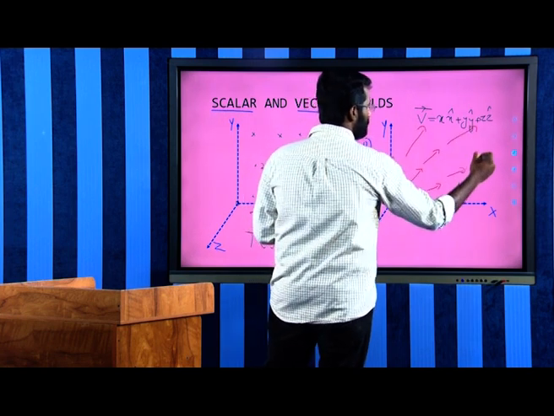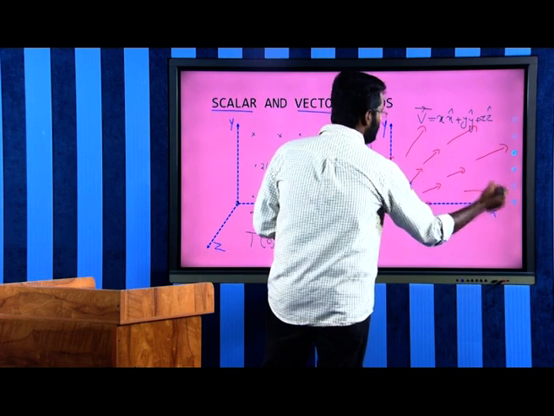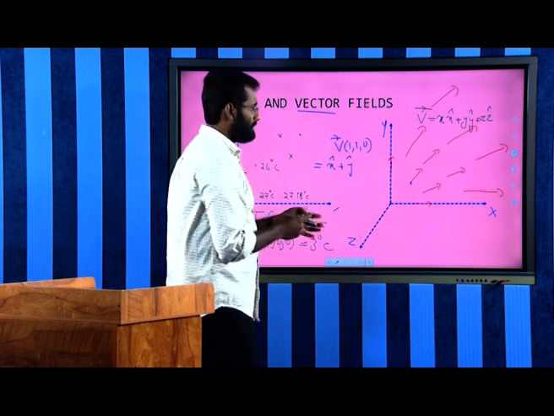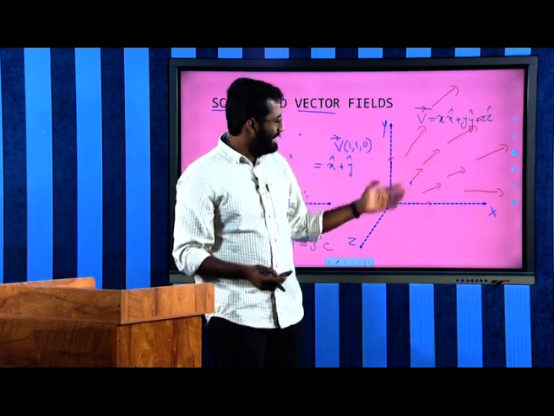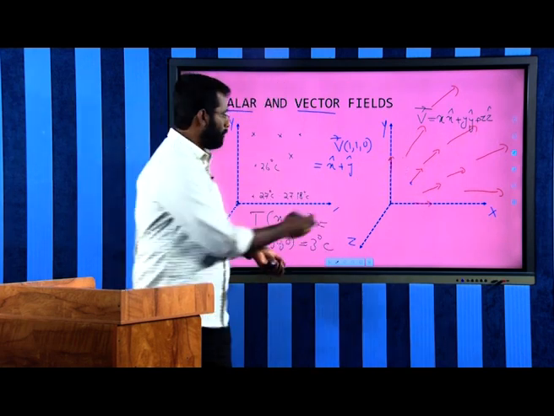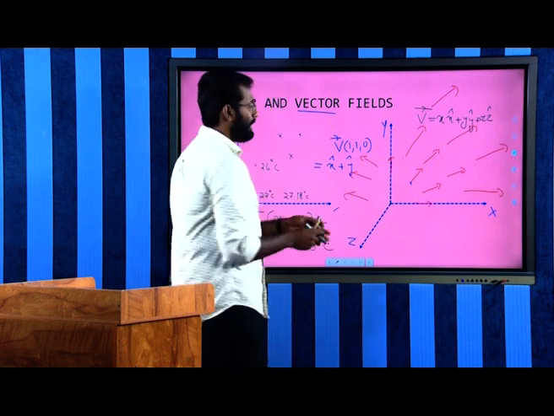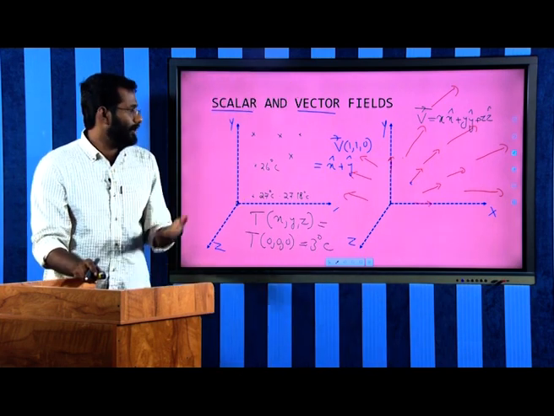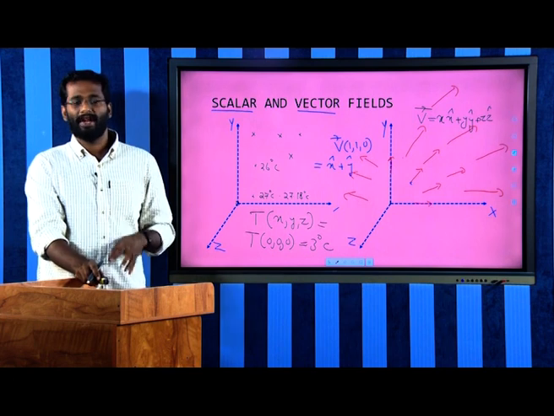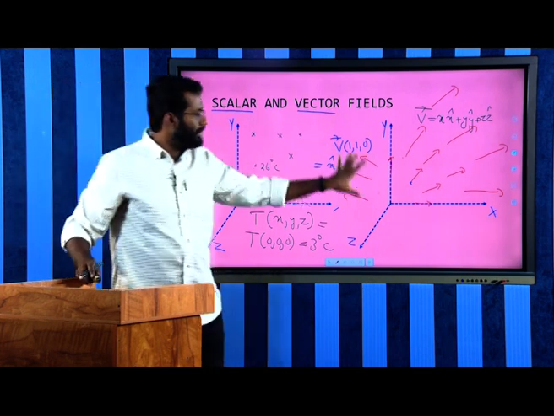As you go farther, its length will increase. At each point, not only on this plane, I can draw it in the entire space, both on the negative axes too. So, I got a particular vector quantity distributed over the space.